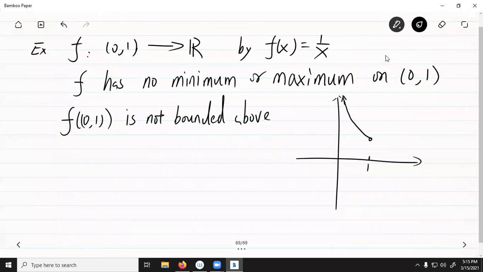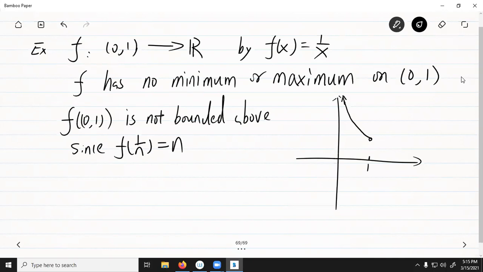From the graph, it will go up forever, so it is not bounded above, since f of 1 over n is equal to n.